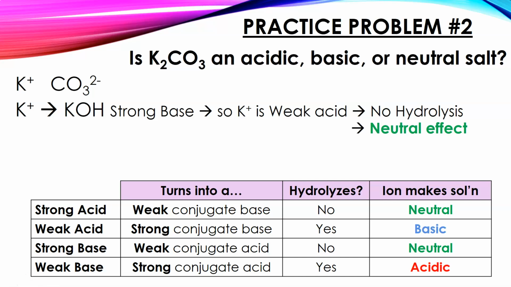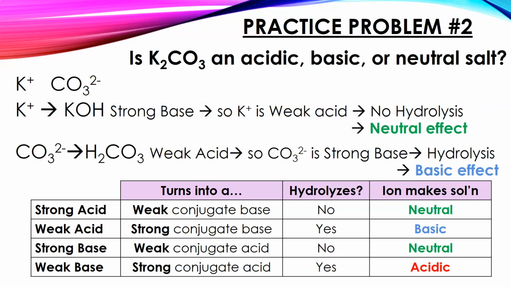Compare that to carbonate. Carbonate comes from carbonic acid, right? H2CO3. Well, carbonic acid is not a strong acid. It's a weak acid. So if this is a weak acid, most of those carbonates are going to want to be in this format, aren't they?